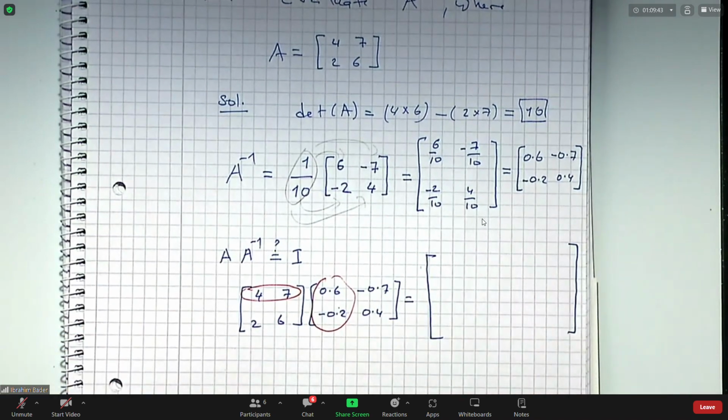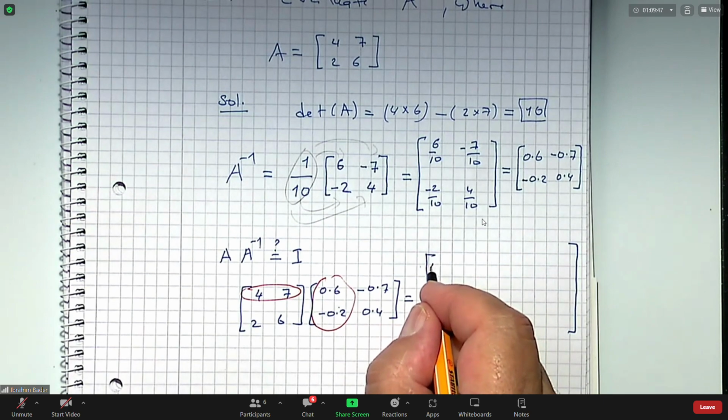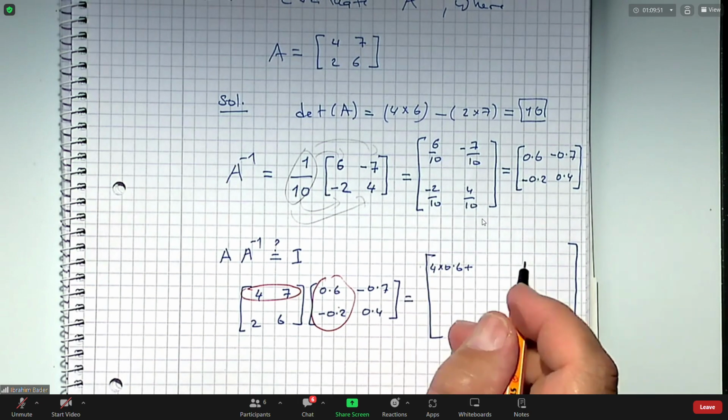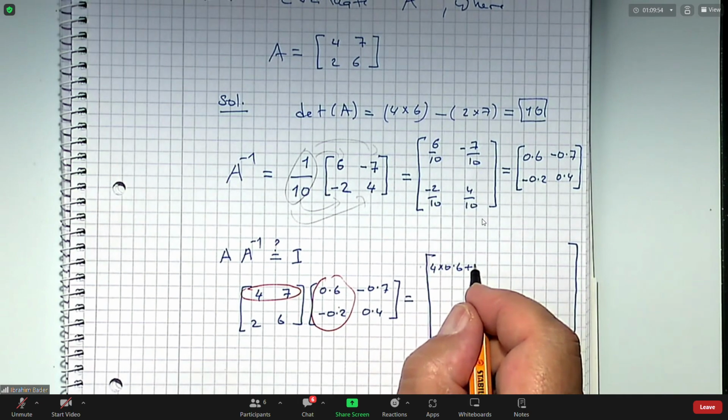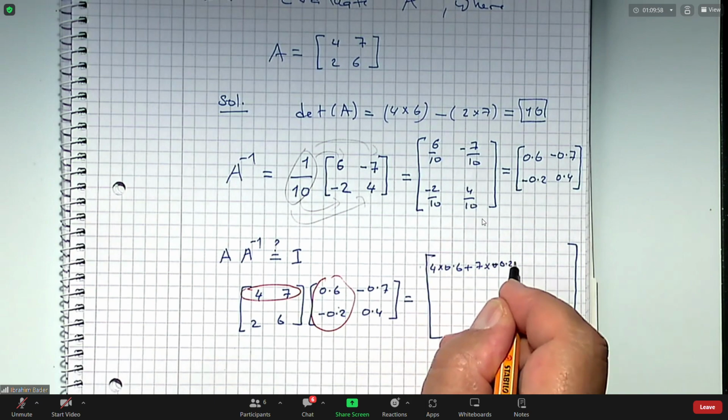Okay, so first one is 4 times 0.6 plus 7 times negative 0.2, right?